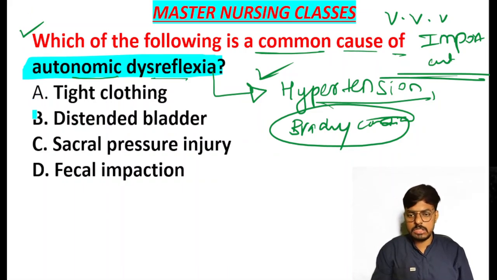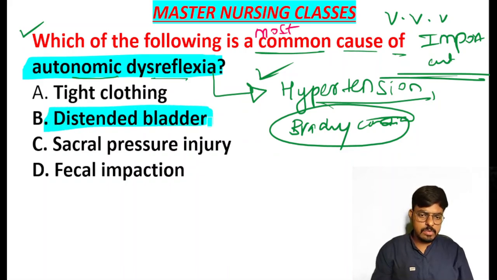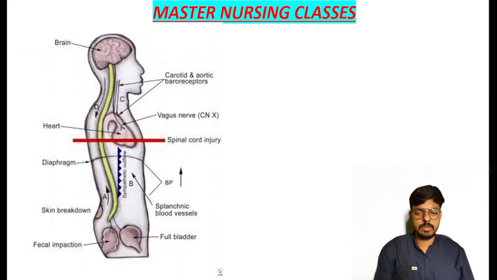All these four are common causes, but among these you have to say the most common one. The correct answer is the distended bladder, which triggers autonomic dysreflexia. I will tell how it triggers it and what autonomic dysreflexia is.